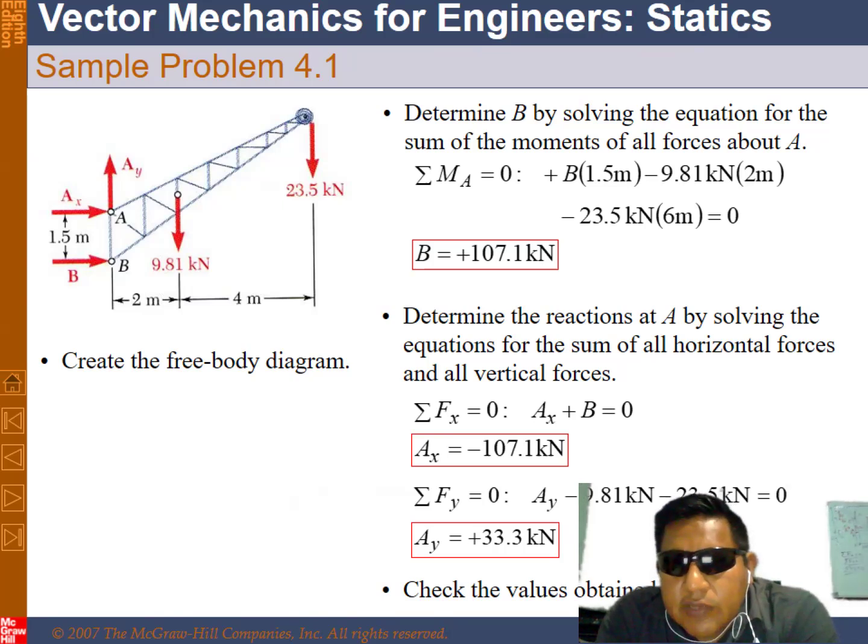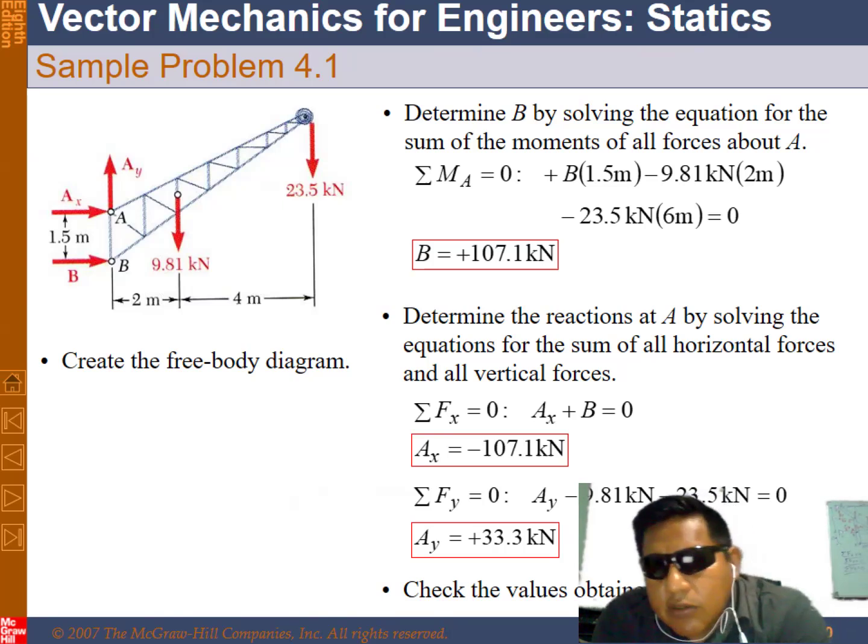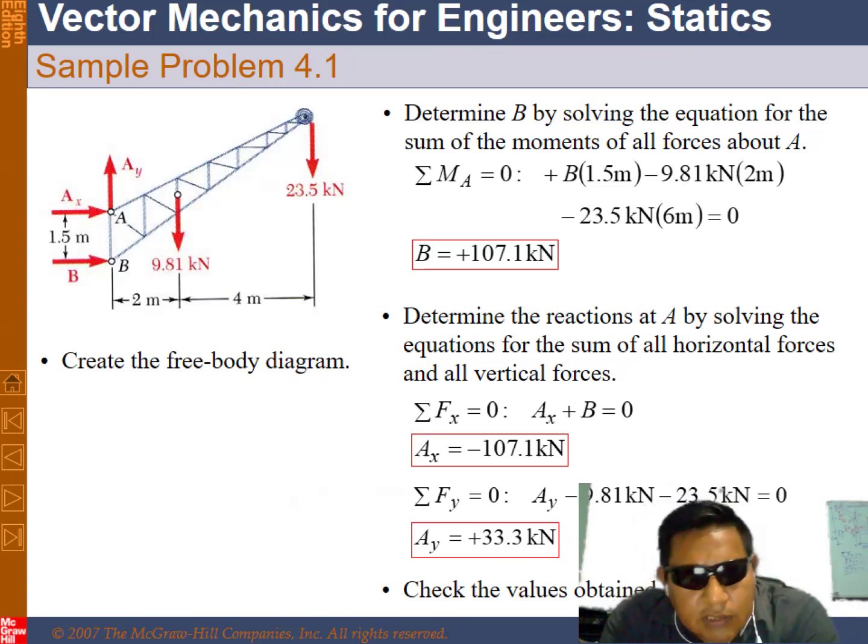Determine the reaction at A by solving the equations for the sum of all horizontal forces and all vertical forces. Summation of forces in X equals 0: A sub X plus the force B equals 0, so the reaction in X is equal to negative 107.1 kilonewtons.